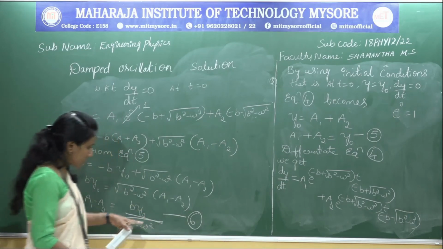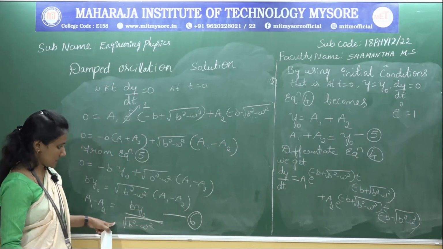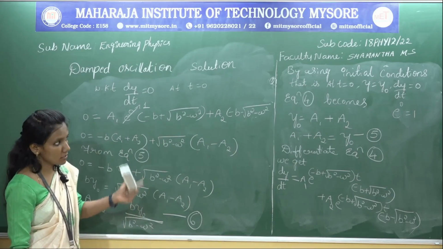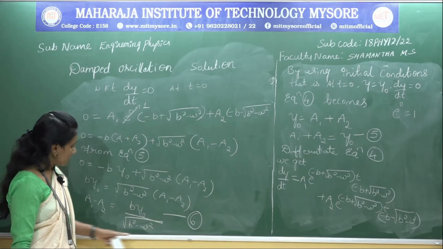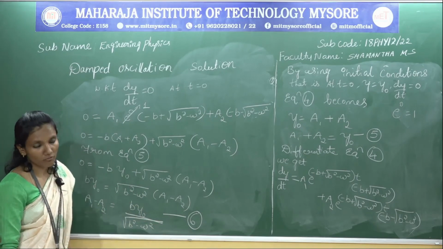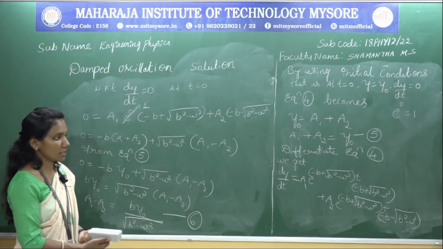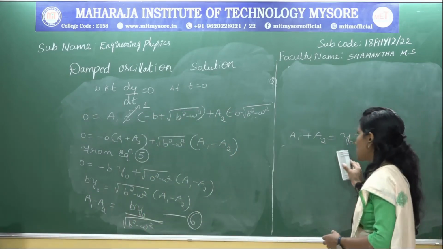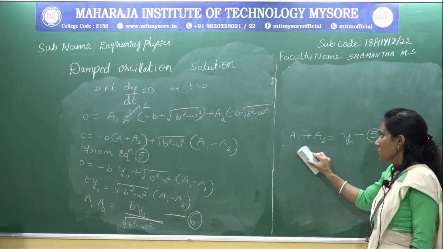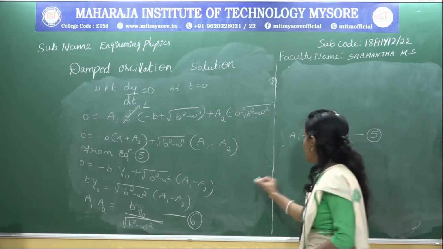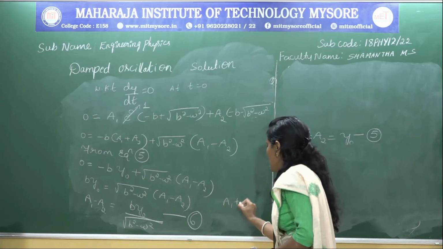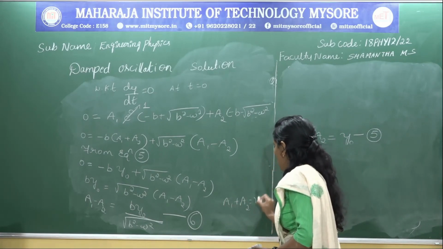Now we have to add equations 5 and 6 to get the a1 value, and subtract them to get the a2 value. Remember equation 5 is a1 plus a2 is equal to y naught.